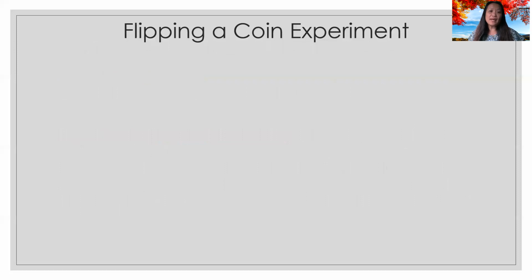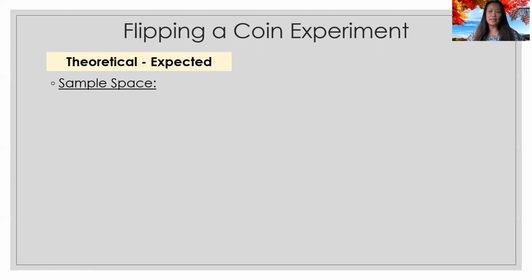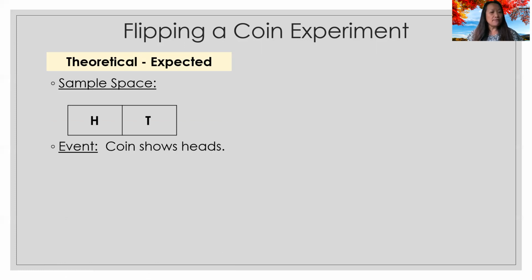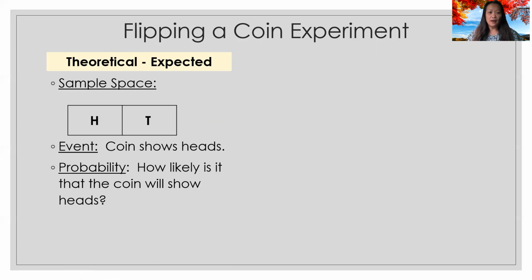So let's take an example of flipping a coin, okay? As we said, that's an experiment, right? And theoretically, we would expect the sample space to have a size of 2, heads or tails, okay? And then the event of showing heads would have a probability of 1 out of 2, or we say 50%, okay? And that is what we call theoretical probability, what we expect to happen, okay?